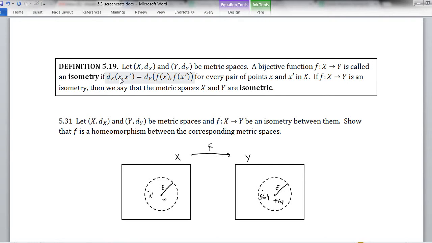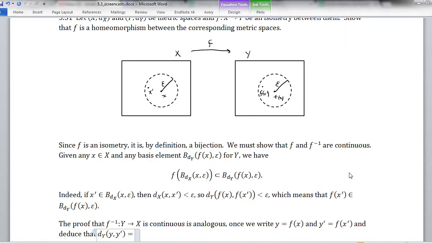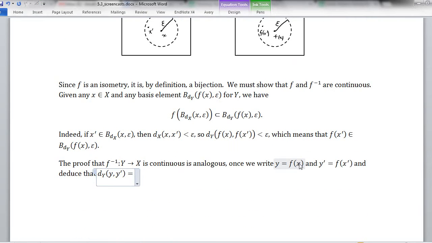And the x, it turns out, is going to be f inverse of y, so d_X of f inverse of y, lowercase y, and then the x prime is going to be f inverse of y prime.